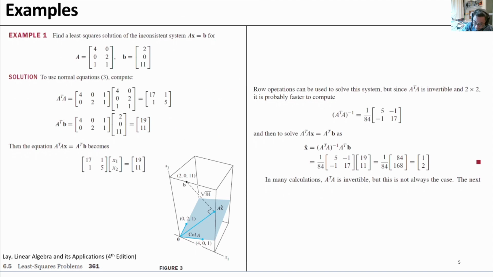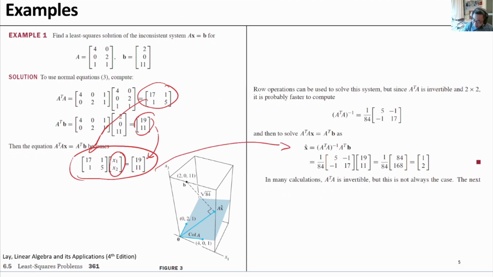Once we have A transpose A, we can plug it into here. We have A transpose B, we can plug into here. Now we are ready to solve for x1 and x2. All we need to do is to apply this equation here.